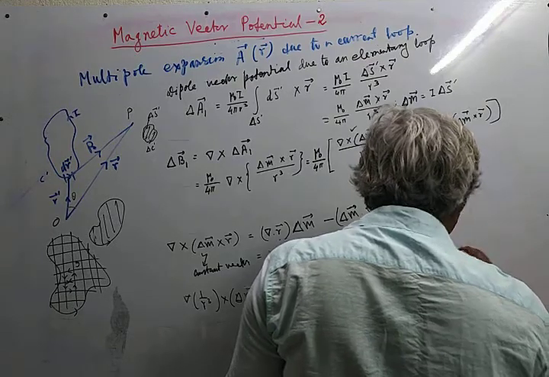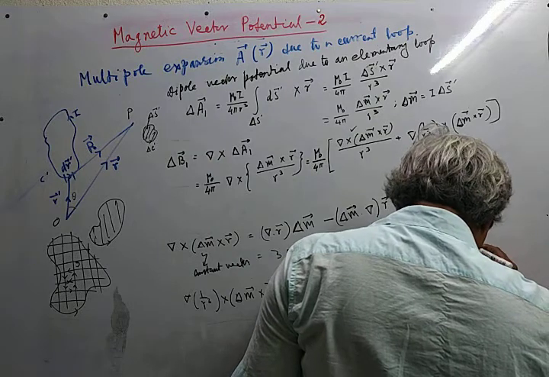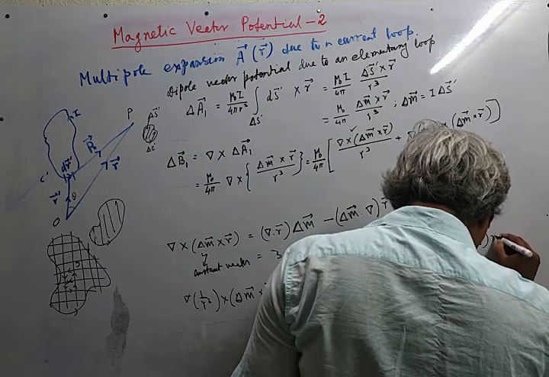R squared delta m minus delta m dot r times r.